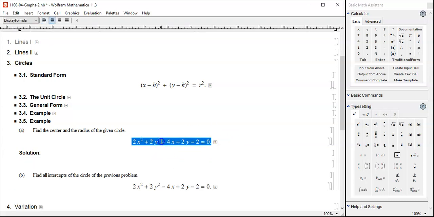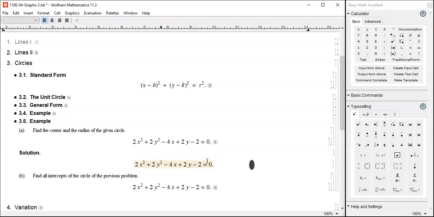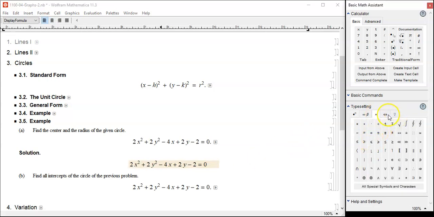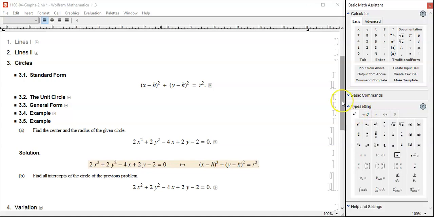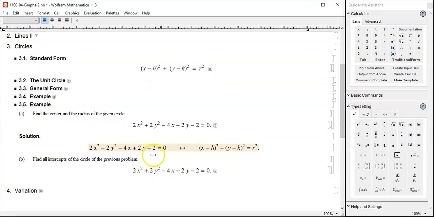So the key is to convert this general form here into the standard form. Okay, how do you do that?